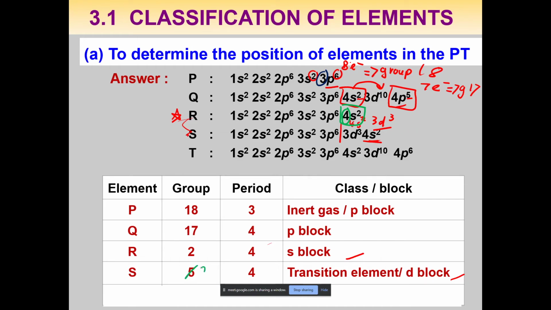If element S is in group 2, it will be the same element as element R. Sekejap, kita cakap S ke? Oh, ya. Okay, sorry. R is group 2. Okay, this is betul. So, okay, so now the confusion is dengan group ini.